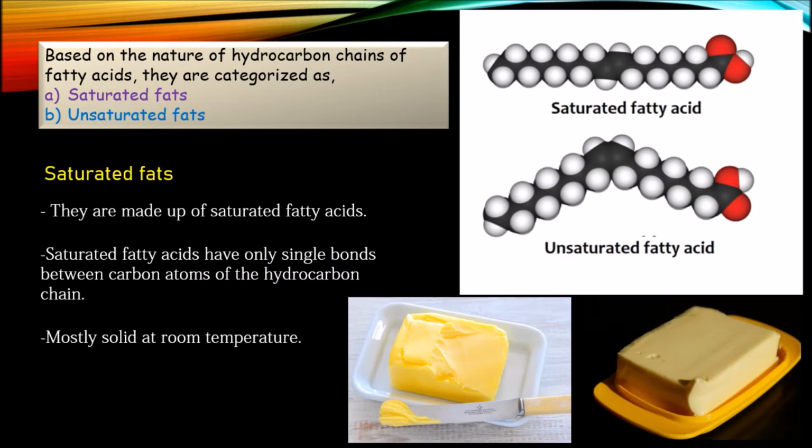Usually, animal fats come under this category. They are mostly solid at room temperature, for example, butter. The reason for this is that saturated fatty acid tails are straight and those fat molecules can pack tightly against one another, resulting in a high melting point.